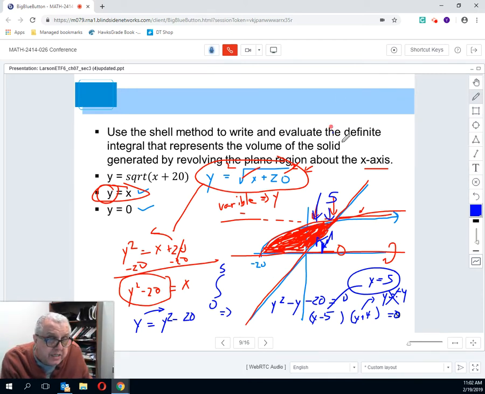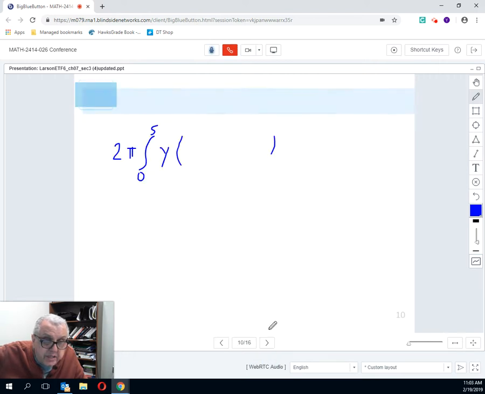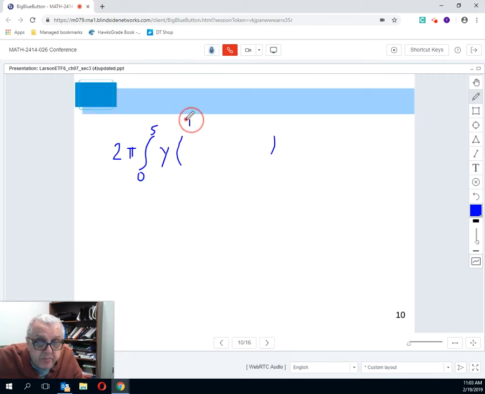So if you look at it from the y perspective, this is the top of the function, and this graph is the bottom of the function. So it's going to be the top minus the bottom with respect to the y values.